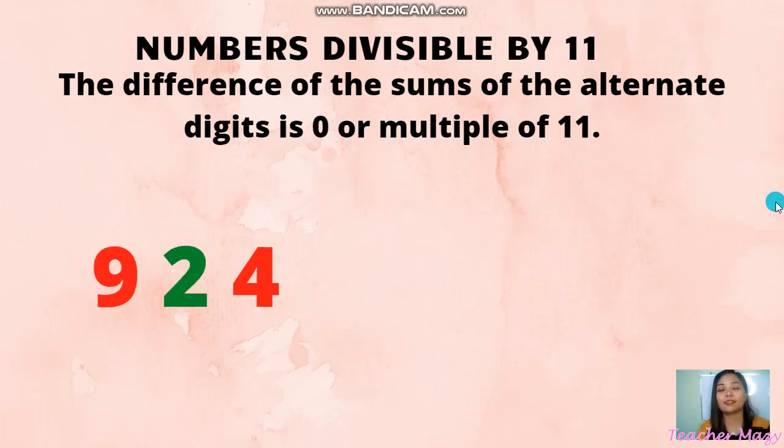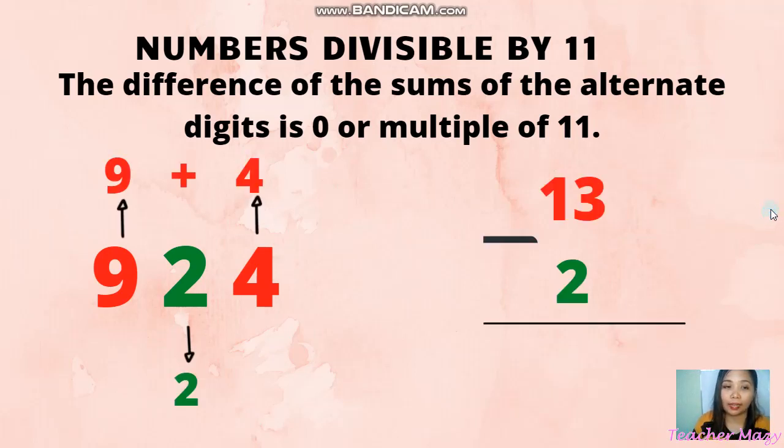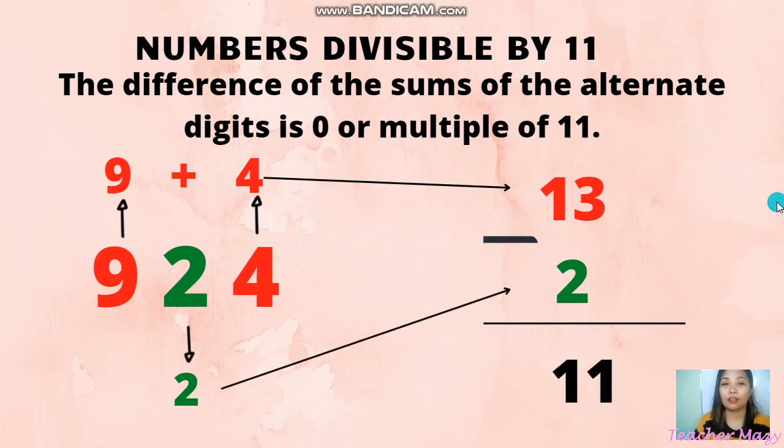Next number is 924. Add the alternate digits. So, 9 plus 4 is equal to 13 and 2. So, 13 minus 2 is equal to 11. That means 924 is divisible by 11.